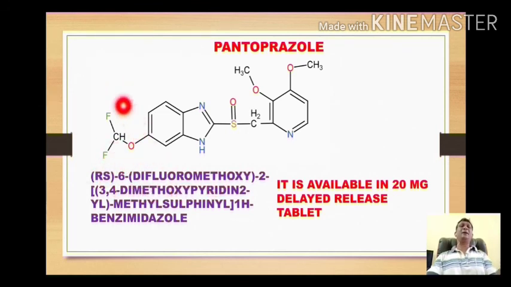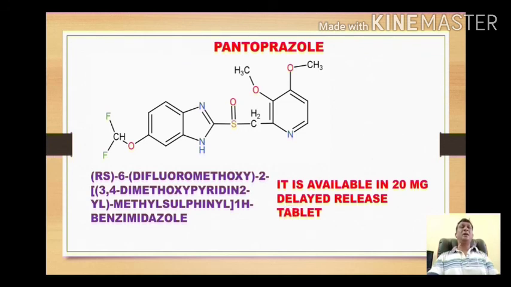So ultimately the methoxy portion is increased, and due to this there is a good increase in the overall activity. This drug is also available in its racemate form, meaning both the R and S isomers are present in the compound. This drug is also available in 20 mg delayed release tablet form.